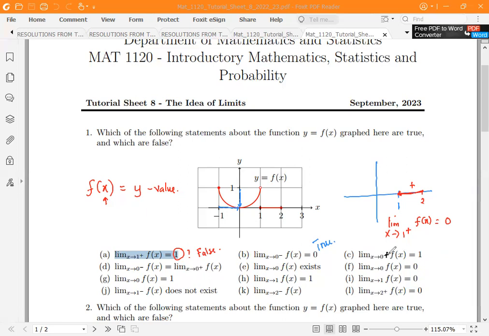So as x approaches 0 from right, okay? So x is approaching 0 from right. What we see is the function is coming down to becoming 0. So it's not 1, it was supposed to be 0, so this is false from right. So we need to find the limit.